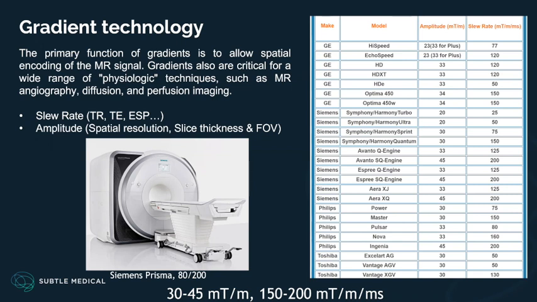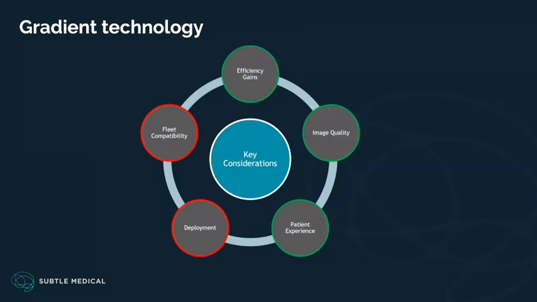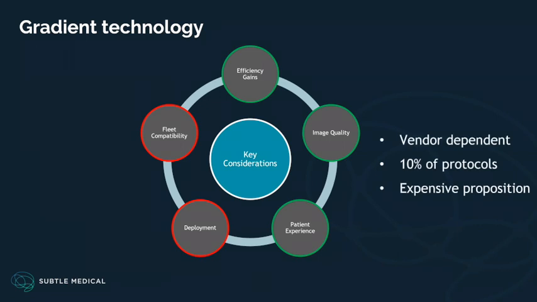It also, from a cost perspective, is lower. Any increment in the gradient technology, or absorbing the gradient technology into the institution, has to have a very high return on investment. It is extremely vendor dependent. Not every vendor has these high gradient technology solutions.